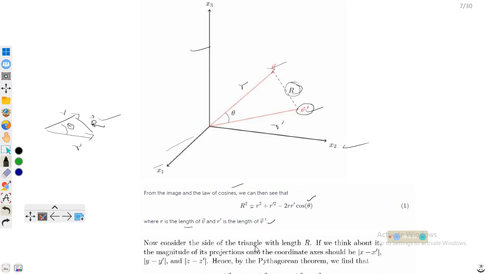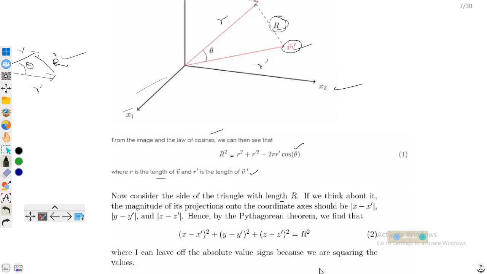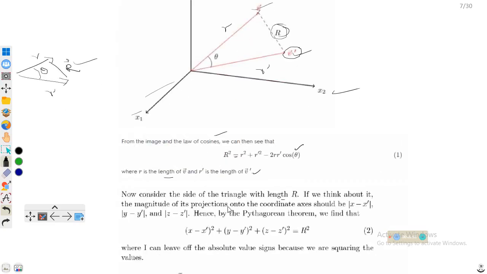Okay, now consider the side of the triangle with the length R. The magnitude of its projection onto the coordinate axes should be x minus x prime for the x axis, y minus y prime for the y axis, and z minus z prime for the z axis. This is because R is equal to x times the i unit vector plus y times the j unit vector plus z times the k unit vector.